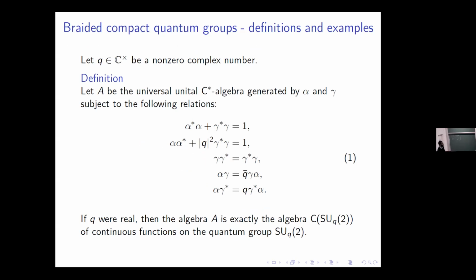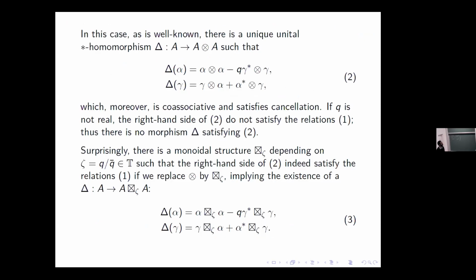Let's see, if we still keep q to be real, then we know that there is a unique unital star homomorphism delta which goes from A to A tensor A. The tensor product is the minimal tensor product, such that delta on the generators alpha and gamma is described in a precise manner, so you insert this matrix, forget the symbol, do the matrix multiplication and put the tensor product symbol, and then you get the relations 2.